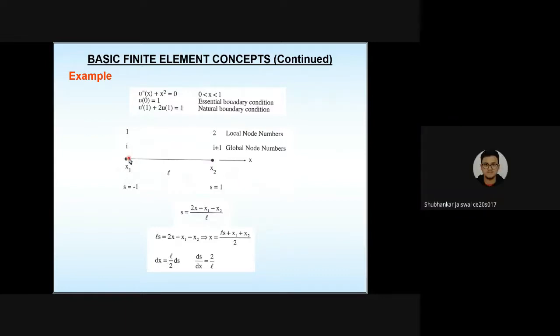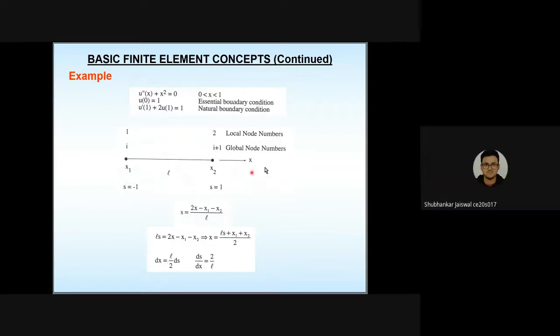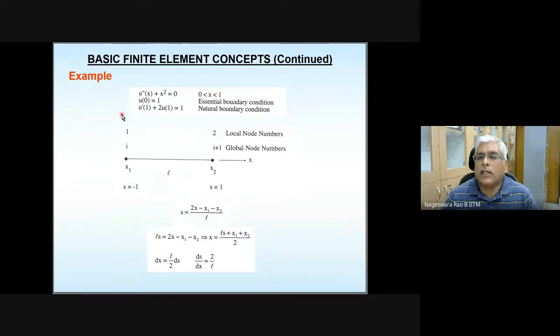I am talking about a typical element whose first node is x1, second node corresponds to x2, and whose first node in the global coordinate system is I, whose second node in the global coordinate system is I plus 1. Such an element I am talking about. That is irrelevant at this stage. I am saying you focus on this.